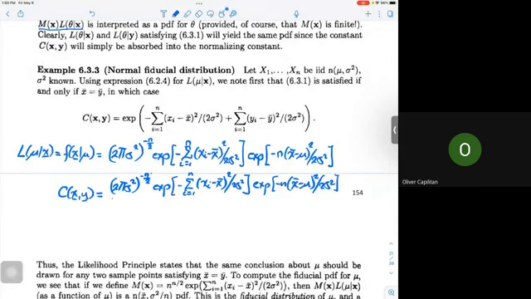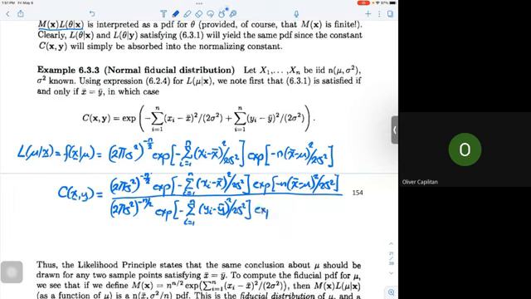You divide it by the likelihood function of our parameter theta, or parameter mu, given another sample y. So it's the same, the exponential, but in this case, we have the summation of y sub i minus y bar square over 2 sigma square, i from 1 up to n.